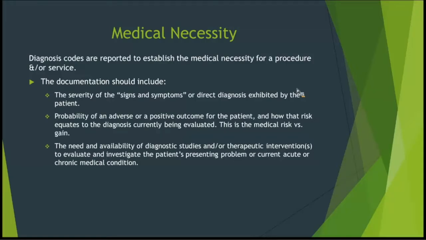The severity of the signs and symptoms or direct diagnosis exhibited by the patient. Was that documented? Second bullet you could read. The third, the need and availability of a diagnostic study and/or therapeutic interventions to evaluate and investigate the patient's presenting problem or current, acute, or chronic medical condition.